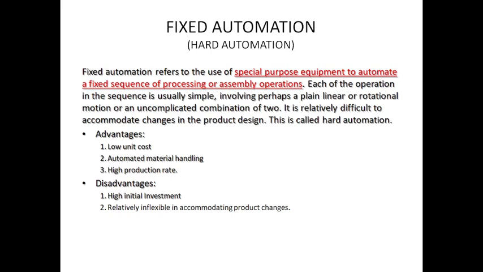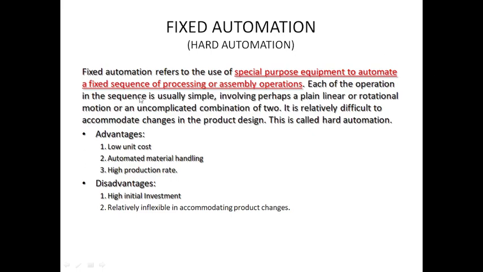That is a very good example of a fixed kind of automation. They made a lot of products of the same kind to reduce the cost of a single unit of the Model T. So it is a kind of mass production where everything is fixed, and the rate of production is the main thing.